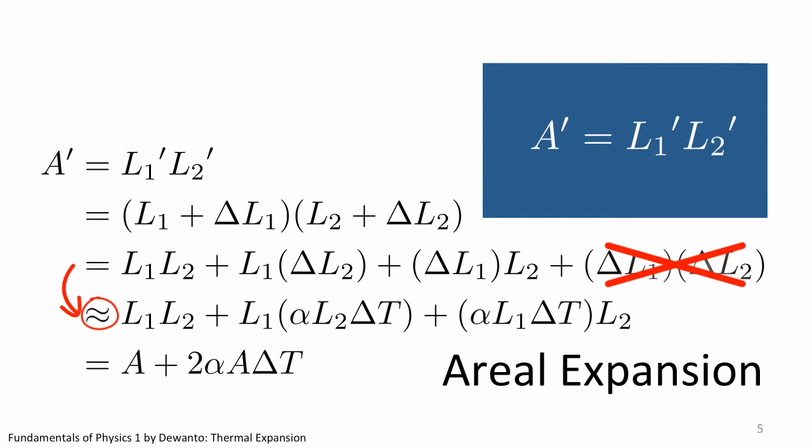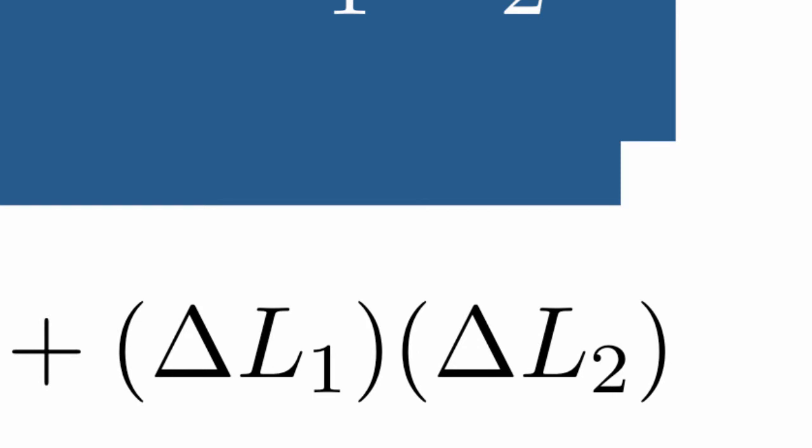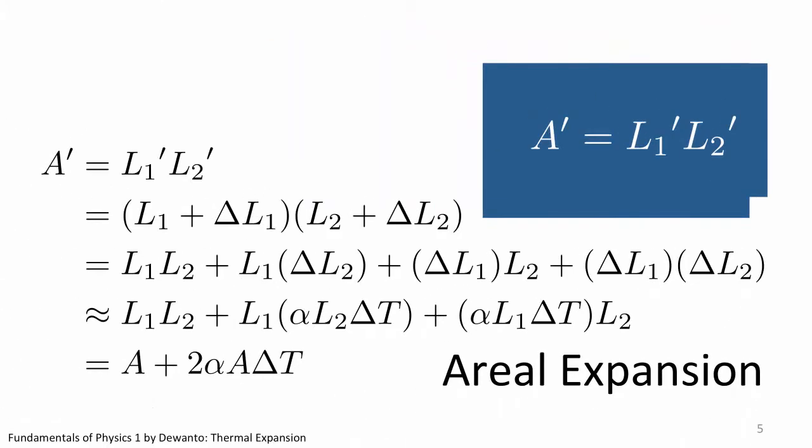Now, mathematical rigor aside, is there any practical reason for doing this? Is this a physically sensible thing to do? Well, if you look at the last term, delta L1 times delta L2, it actually refers to the tiny corner of the expanded rectangle. Its omission means that we are neglecting this tiny corner, which you would probably not notice if I did not zoom in, from the calculation of A prime.